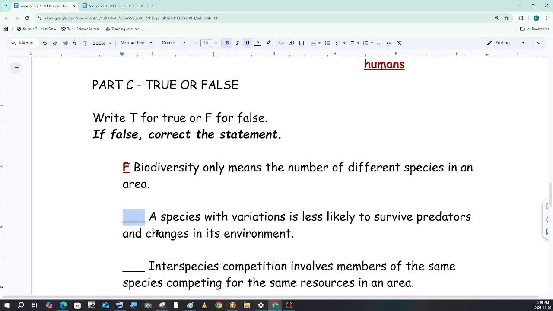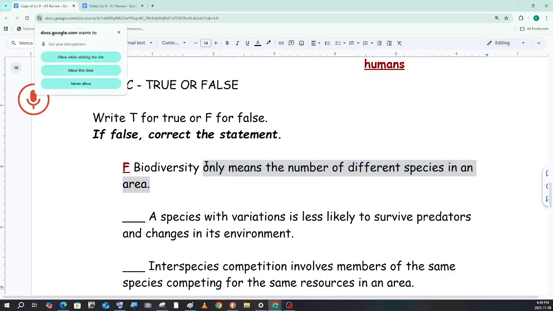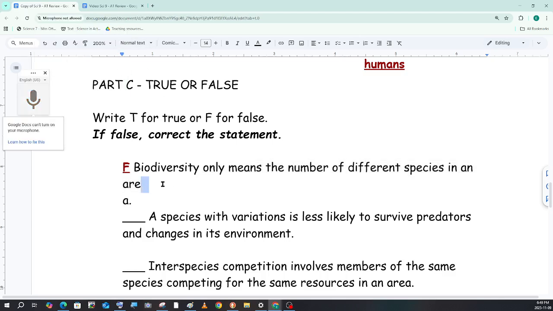Okay, the next one. Oh yeah, I guess I forgot that it does say to correct the statement if it's false. Although I'm betting that probably none of you actually did that. But whatever. If we're going to correct this statement, we'd actually strike through all of this. Well, actually, I'll just take all this out.